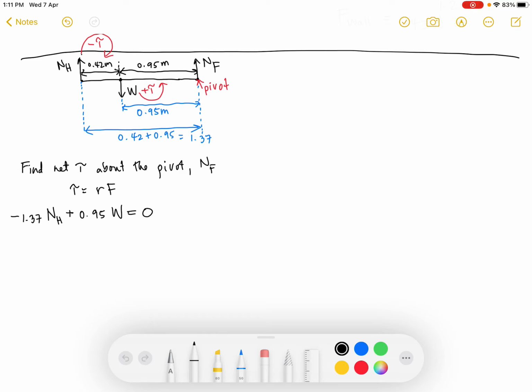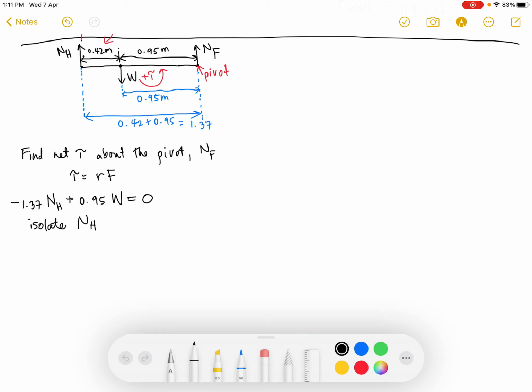We want to find NH, so we rearrange this equation to isolate NH by adding NH to both sides of the equation. I am able to cancel NH on the left hand side, and I'm left with 0.95 times the weight force on one side and 1.37 NH on the other side.